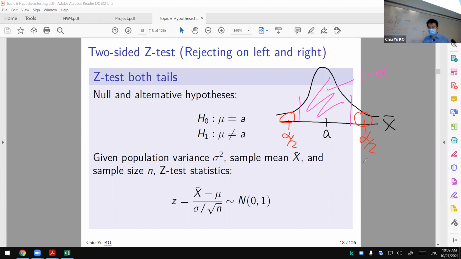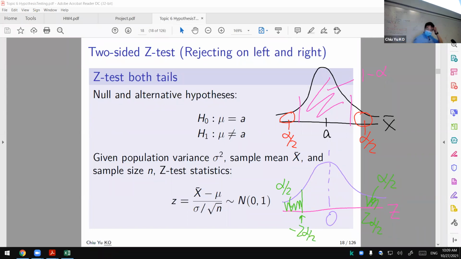This is what you get when you convert it to the Z space. This becomes 0, and this green area is alpha over 2, and this green area is alpha over 2. This is Z alpha over 2, and this is negative Z alpha over 2.